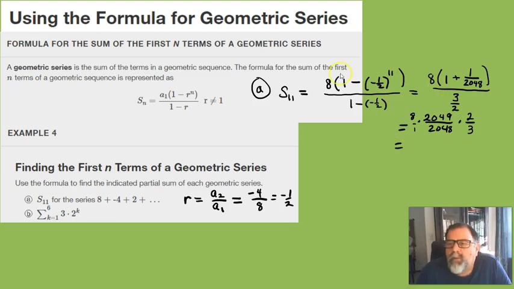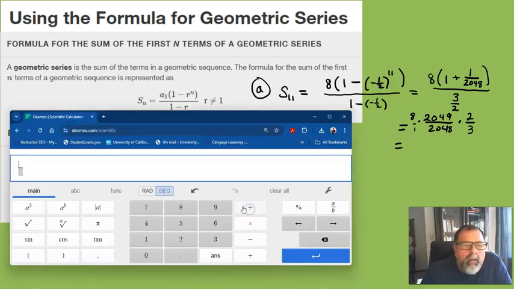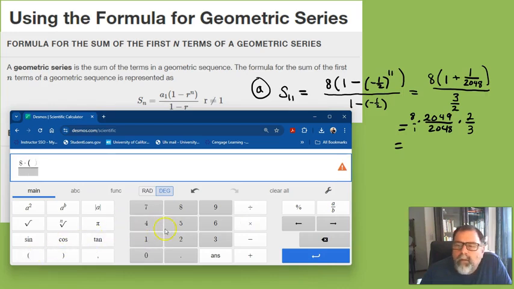I could have just punched this whole thing in Desmos or a scientific calculator and got an answer. Either way. I like to start with the divided first, and then it gives me my template for the top number. So 8 times parenthesis 1 minus parenthesis r, which is negative 1/2.